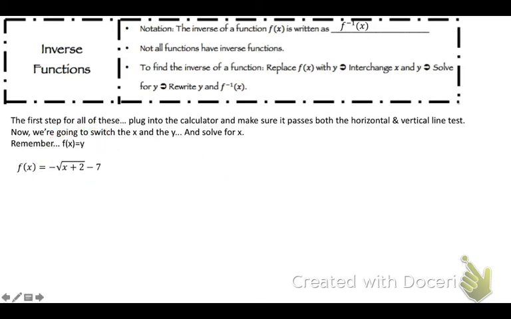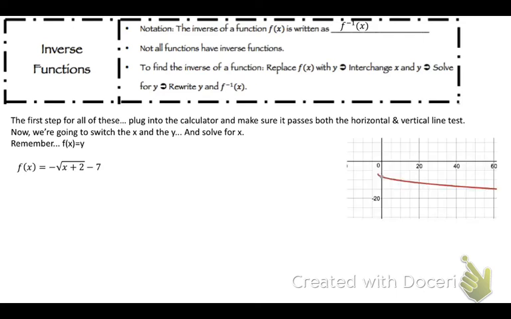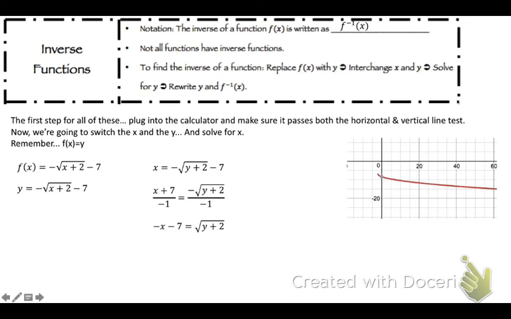Next one, that was easy. This one, negative square root of x plus 2, minus 7. There's what that kind of looks like. That does pass it, so let's switch our x and y's and solve for y. That's going to be x equals negative square root of y plus 2, minus 7. Add the 7 over, divide by negative 1, so that's going to just make those left sides negative.